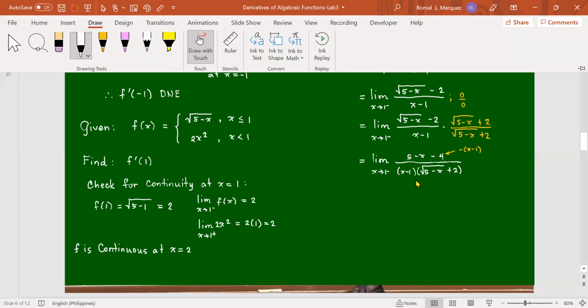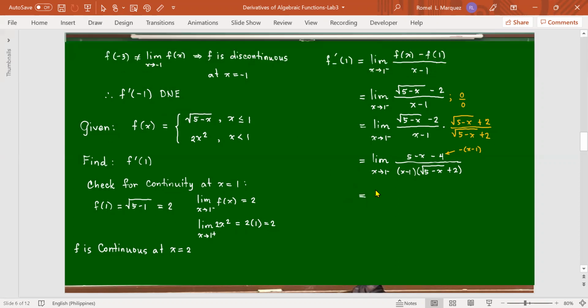So I can get rid of that x minus 1. Getting the limit as x approaches 1 from the left, what is left in the denominator is the square root of 5 minus x, plus 2.